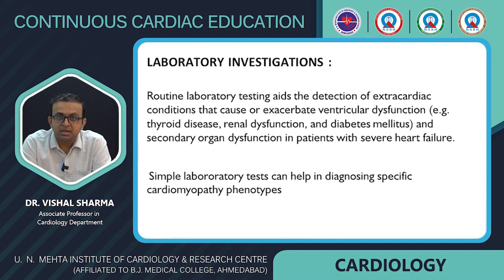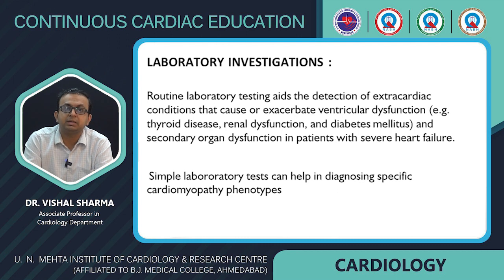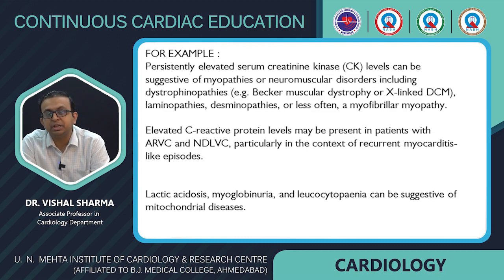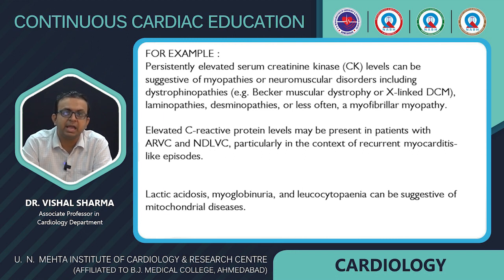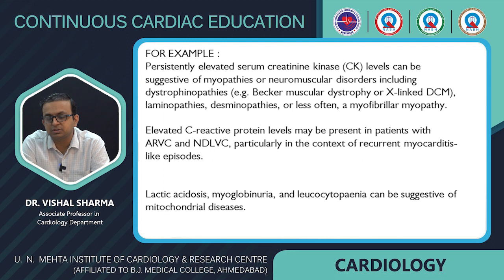Laboratory investigations. Simple laboratory investigations can also help you narrow down your specific diagnosis of cardiomyopathy. Say, for example, if a patient of cardiomyopathy, with any working diagnosis, presents with persistently elevated levels of creatine kinase, then you are mostly dealing with conditions involving both myocytes as well as neuromuscular disorders.